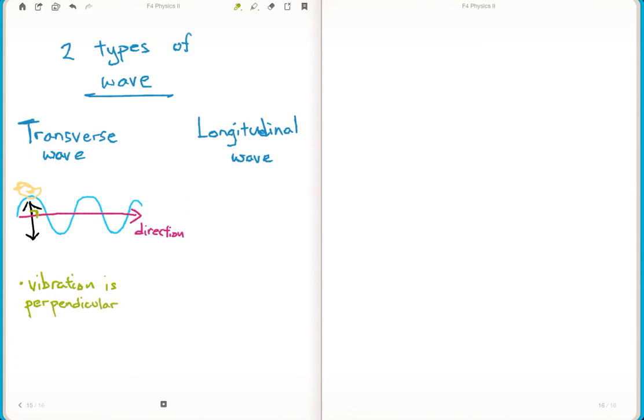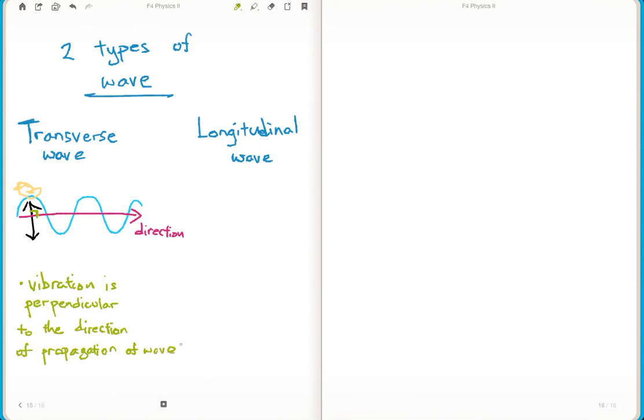Perpendicular. Vibration is perpendicular to the direction of propagation of wave.